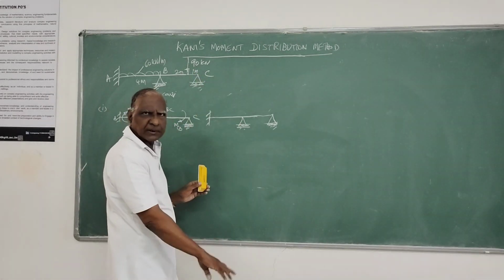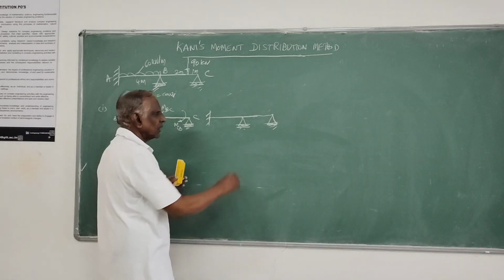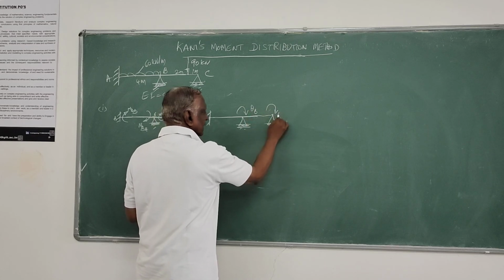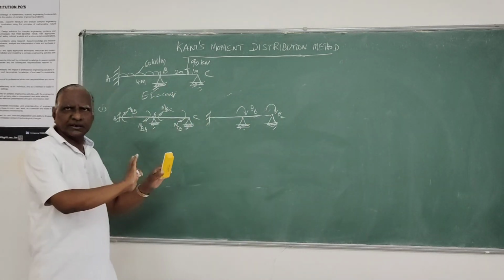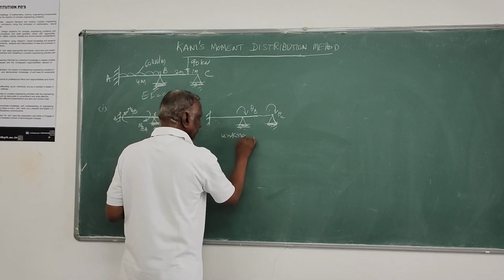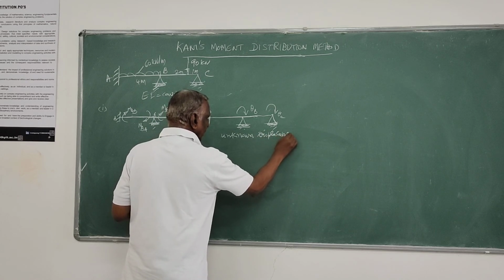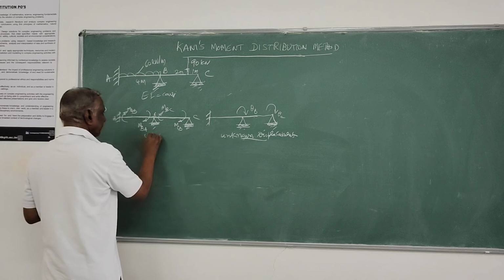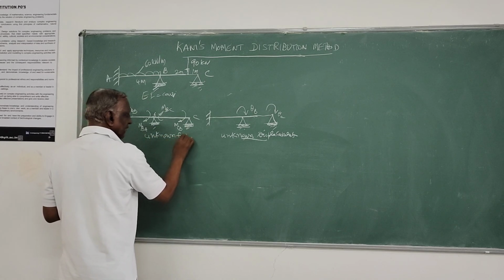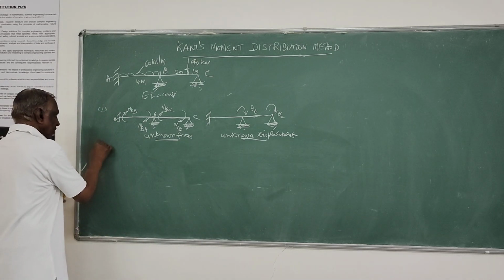Here, vertical displacement is not possible because it is a support. Here also vertical displacement is not there, only rotations are there. That we call theta B and theta C, only two unknown displacements. So these are unknown displacements and these are unknown internal member forces which we have to determine during analysis. That we have to identify first.